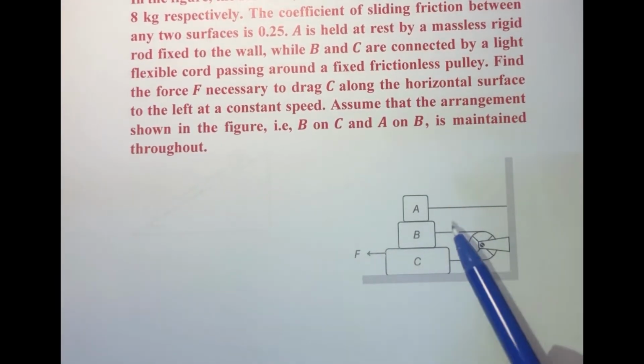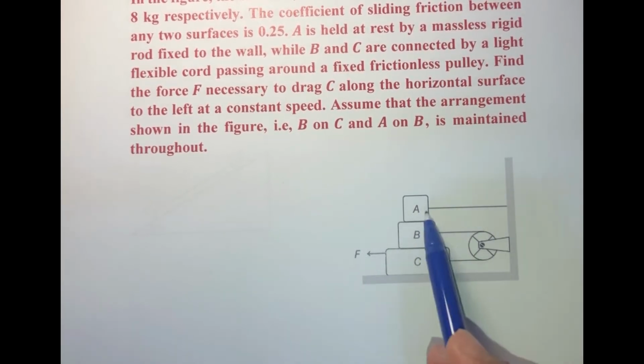So this is the figure. B and C are connected using the string and A is connected using a rod.